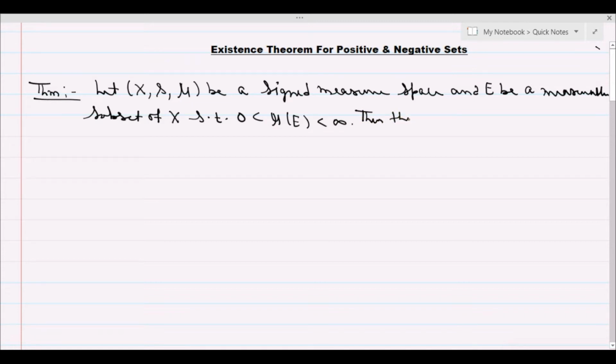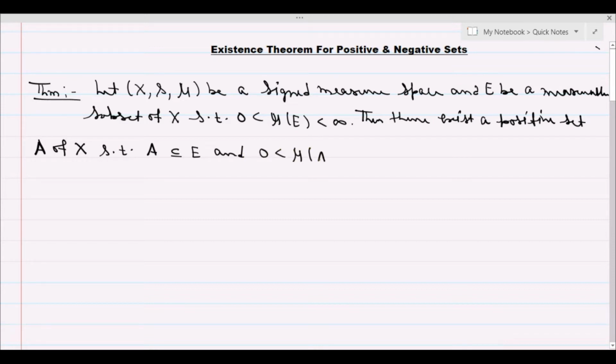Then there exists a positive set A of X such that A is contained in E and mu of A is greater than 0 and less than infinity, meaning the measure of A is also finite and positive.